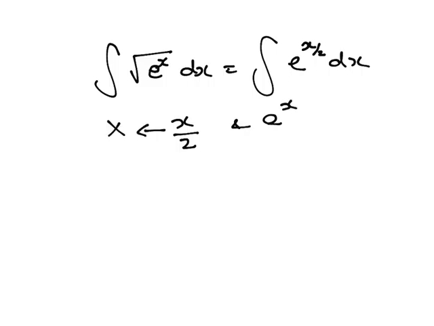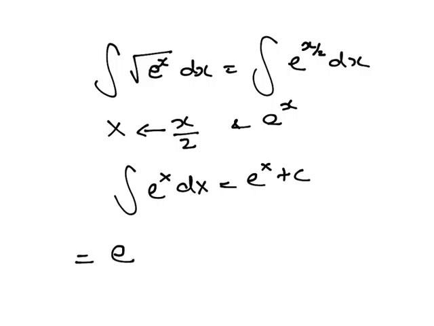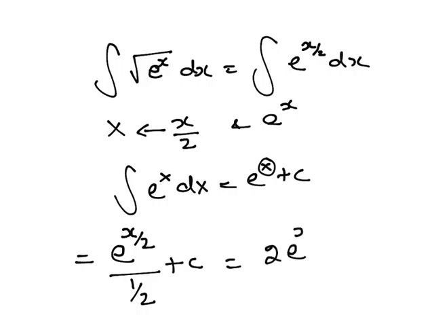So I'm going to take this as capital X. So the given problem can be written as e power x dx, which is nothing but e power x plus c. Hence the answer is e power, instead of x I'll write x by 2, but I'll divide this function by the coefficient of x, which is half, plus c. So the final answer is 2 e power x by 2 plus c.